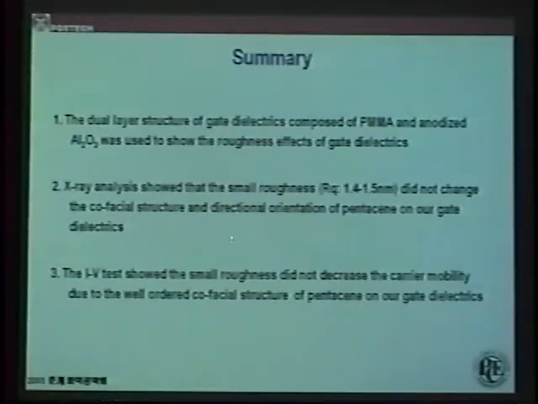That means the IV curve mobility is also similar. So at 15 angstrom, we don't have to worry about the roughness. Maybe we have to worry if it is more than 15 angstrom, but within 15 angstrom roughness, we have well-ordered cofacial pentacene structures. Thank you.